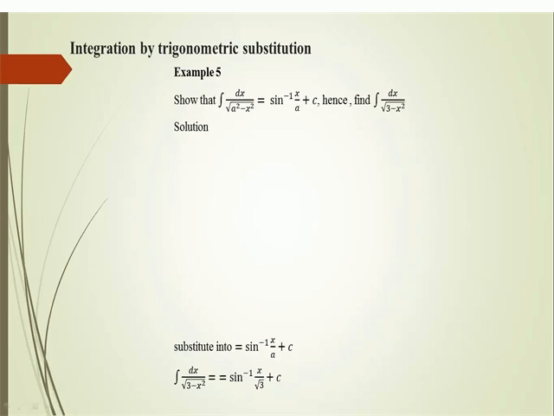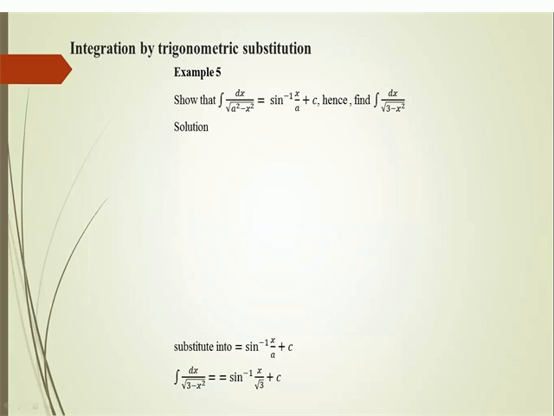Sir, can you start from a square cos theta over a square cos theta? Equals to the integral of d theta. How to integrate d theta?